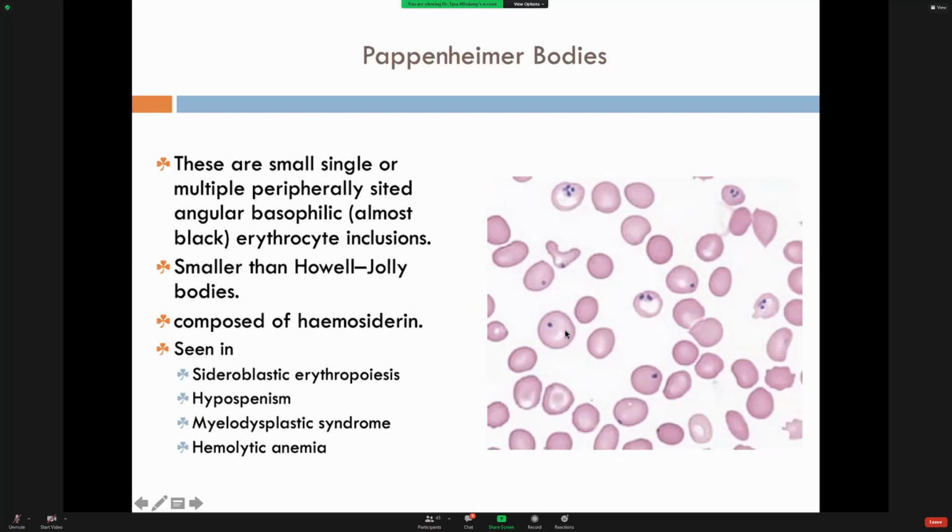The Howell-Jolly bodies usually تكون central. هنا حتكون usually في peripheral. Composed of hemosiderin or iron content. You can see it with the sideroblastic erythropoiesis, hyposplenism, myelodysplastic syndrome, or hemolytic anemia. You can see it in the peripheral. This is how it looks like Oppenheimer's bodies.